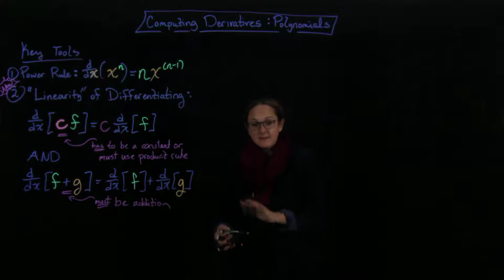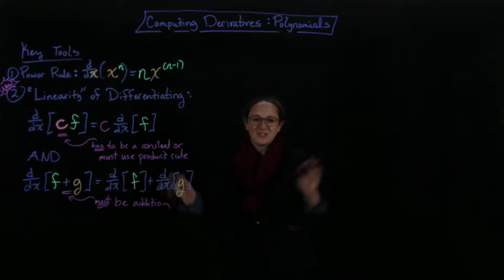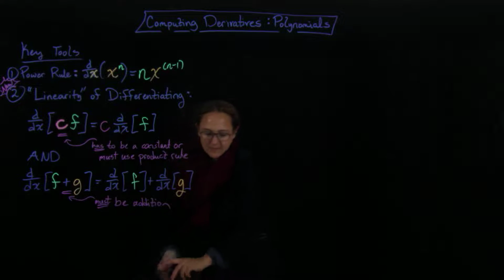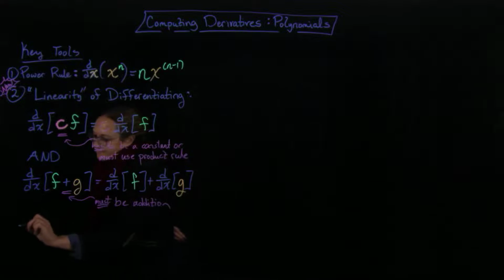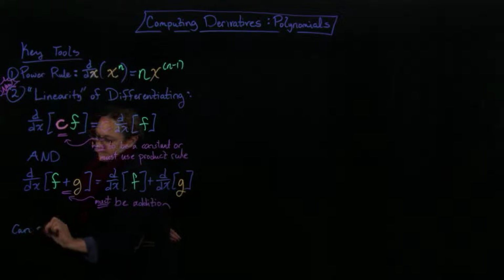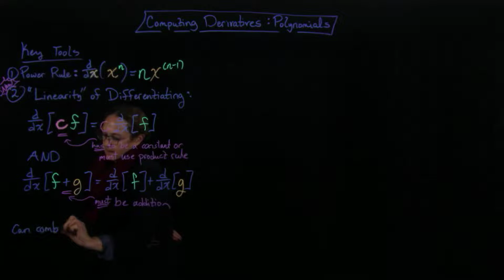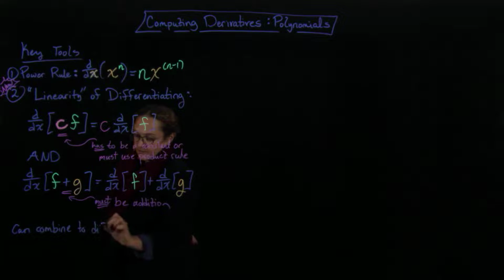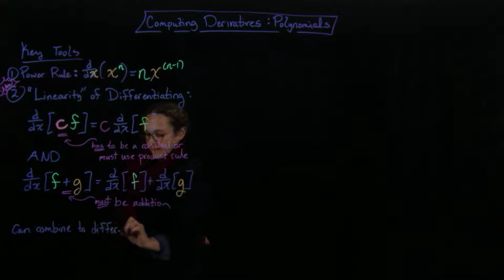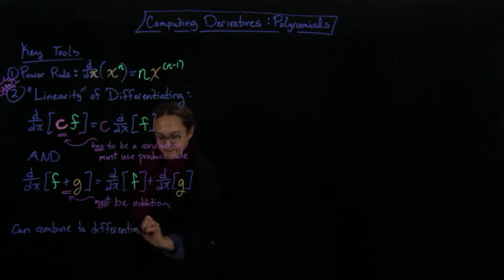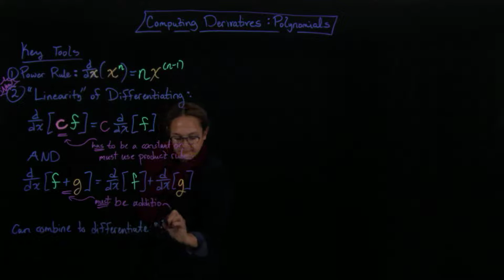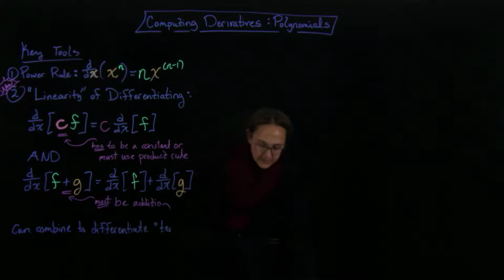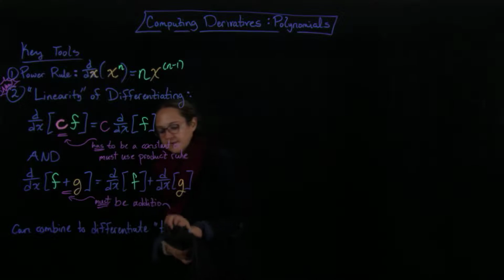But we can combine these to differentiate term by term. Let me write that down. We can combine these to differentiate, what we would say is term by term, polynomials specifically.